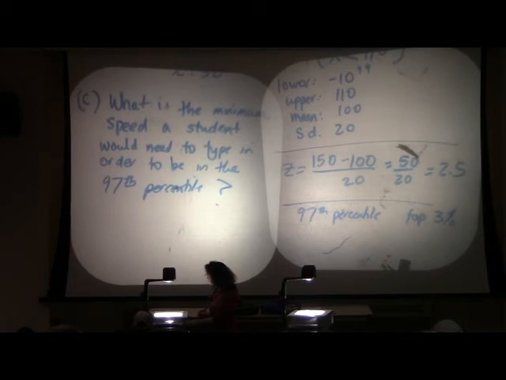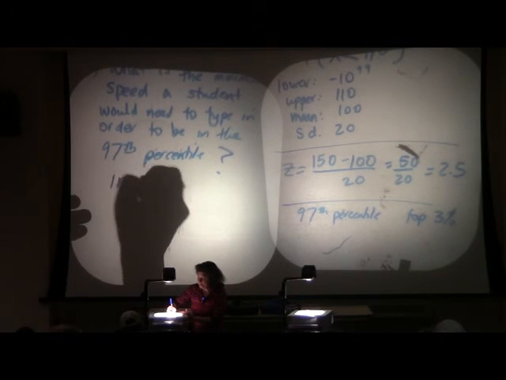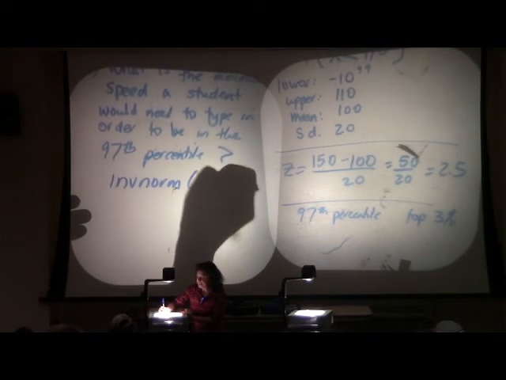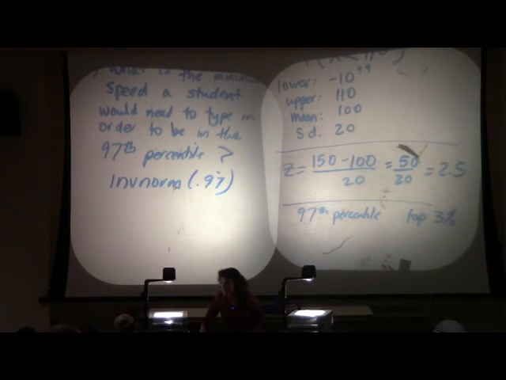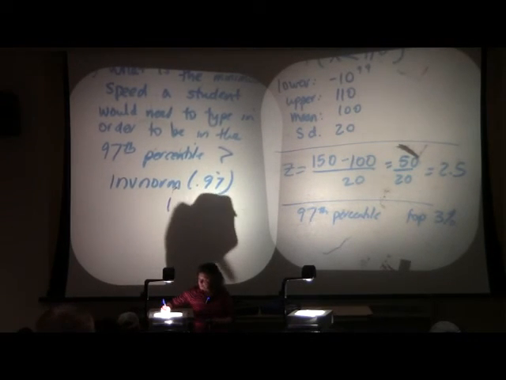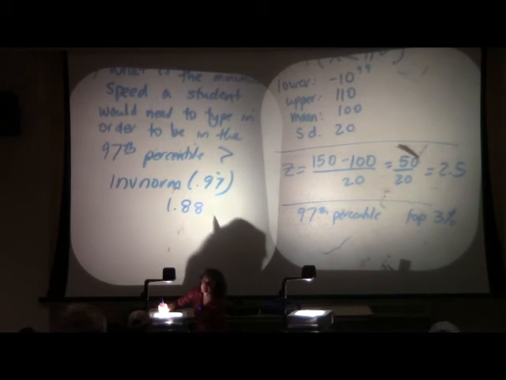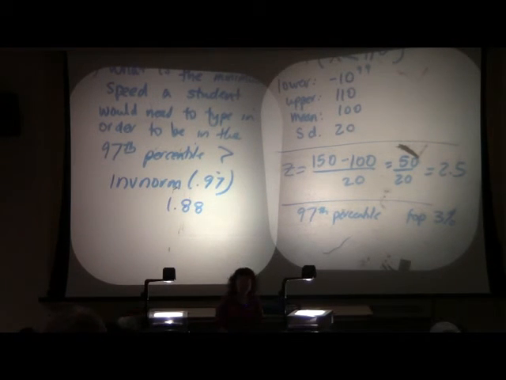So, what I'm going to type into my calculator is inverse norm 0.97. And I get 1.88. Okay? You guys who have my type of calculator, you with me this far?